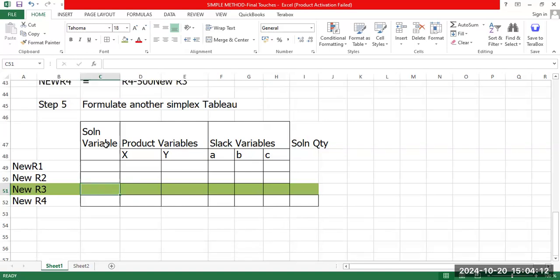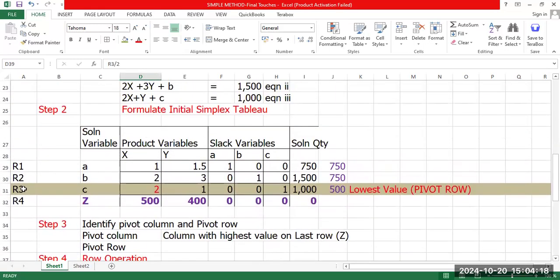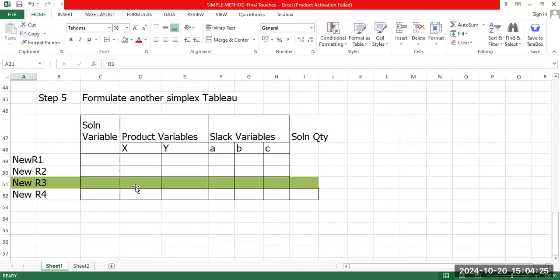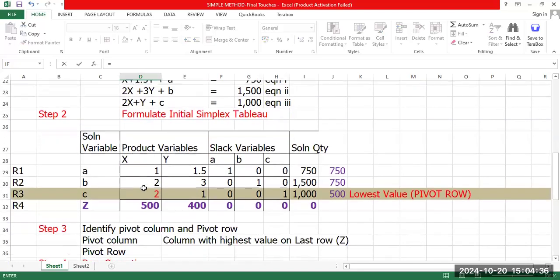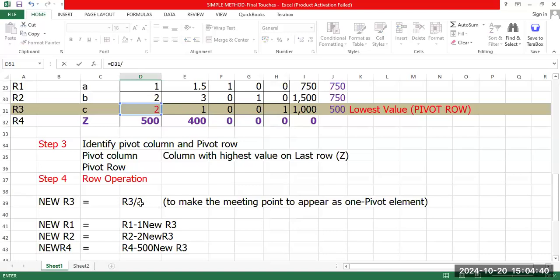The formula is saying get row 3 divided by 2. What is your row 3? This is your original row 3. So how are you going to get the value here? You get the previous value that was here, this is 2, divided by, the formula is saying you divide by what? By 2.